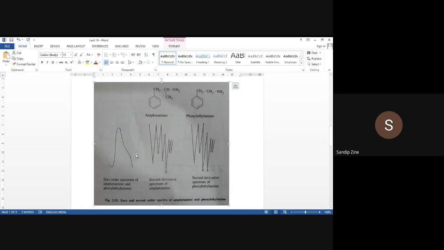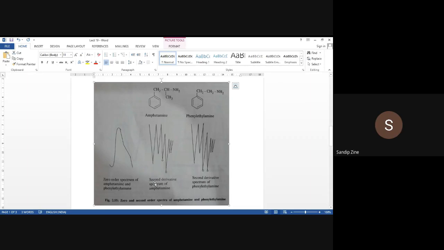So you can easily correlate. The zero order spectra of amphetamine and phenylethylamine are almost identical, isn't it? This is the zero order spectra, so one cannot identify whether it is amphetamine or phenylethylamine. The second derivative spectra of the two are also very similar.